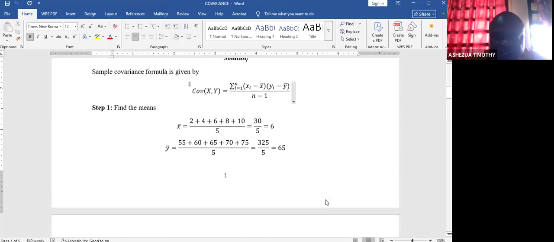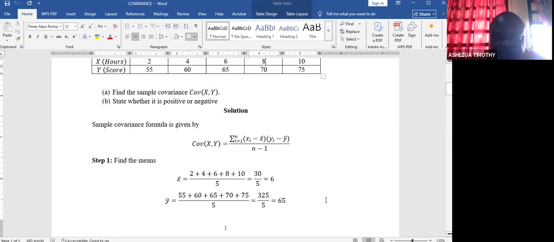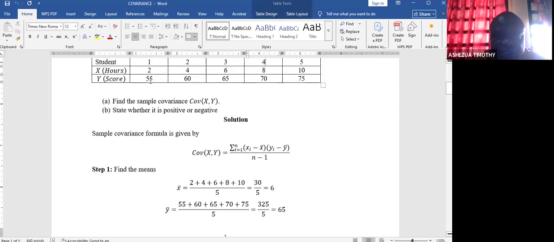The mean of x is 2 plus 4 plus 6 plus 8 plus 10, divided by 5. That is 30 over 5, which is equal to 6. And for the mean of y, you sum all the values up and divide by 5, which is equal to 65.